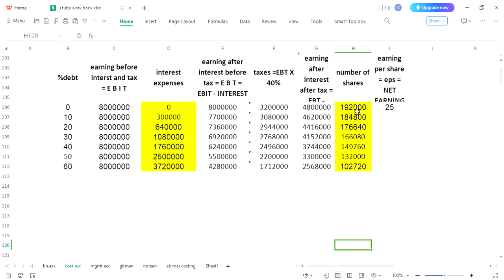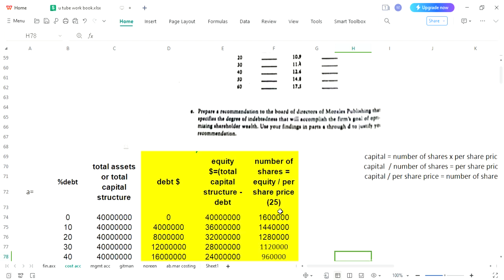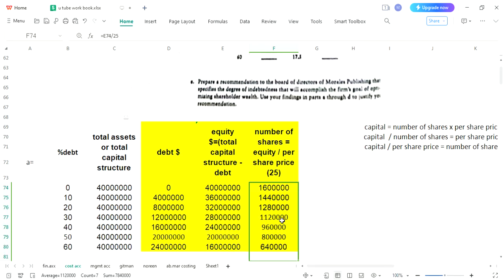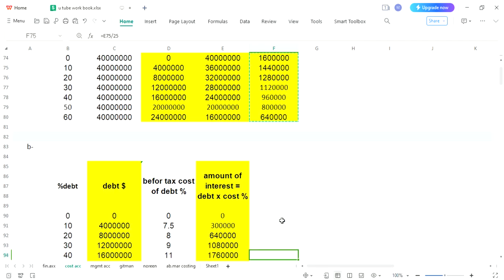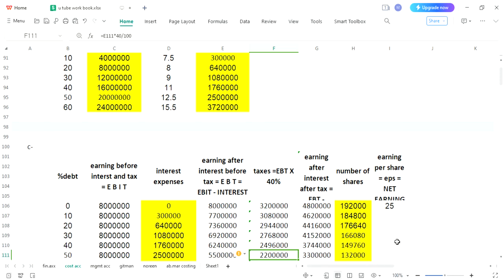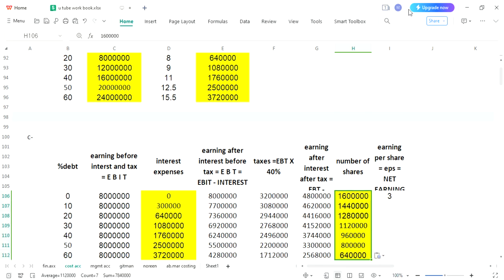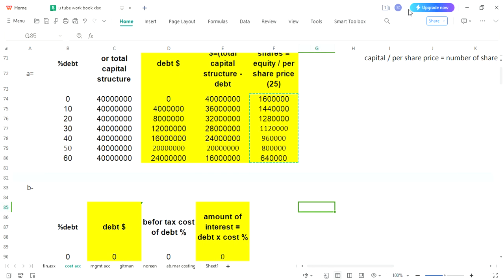So again we'll have to copy them in a different way. Number of shares here, and then we will paste them in a different way. So this way, yes, we have got number of shares. Look over here, number of shares were calculated.